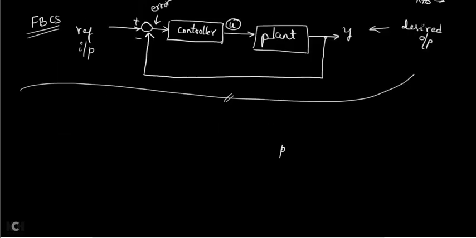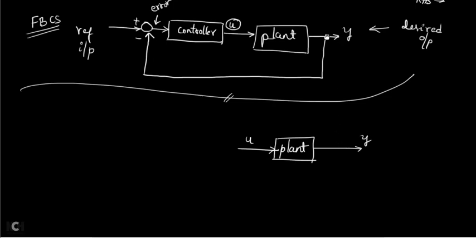Now instead of using this method, let us use the state space method to design our control system. Assume that you have the same plant, with input signal U and output Y. Now instead of taking the feedback from Y, let us take the feedback from the state variables. You know that in the state space model, along with input and output, you will have the state variables.